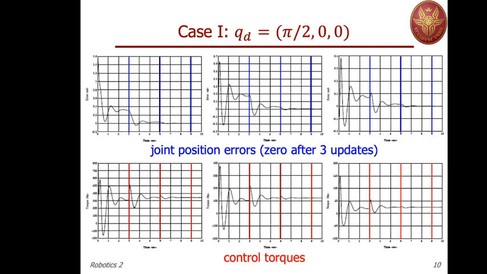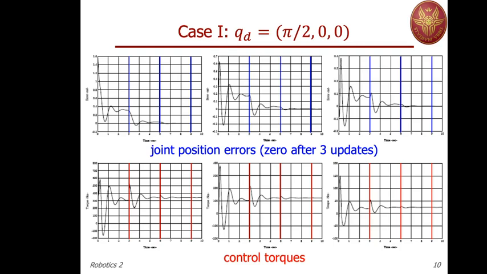So with this in mind, here you can see on the top row the joint position error. Remember, you're starting from 0, 0, 0, and you'd like to reach the configuration pi over 2, 0, 0, so the horizontal straight arm. And the vertical blue lines represent the end of each iteration.